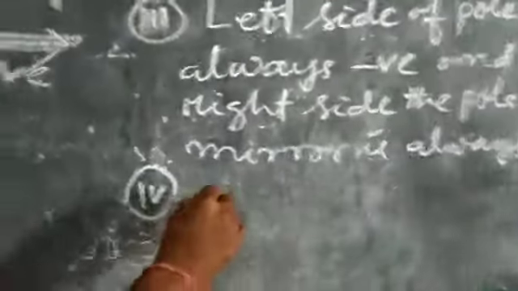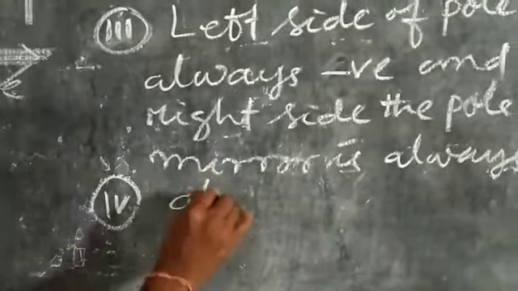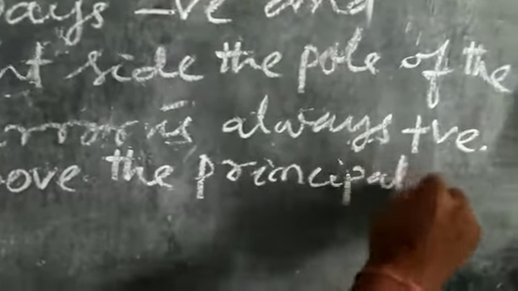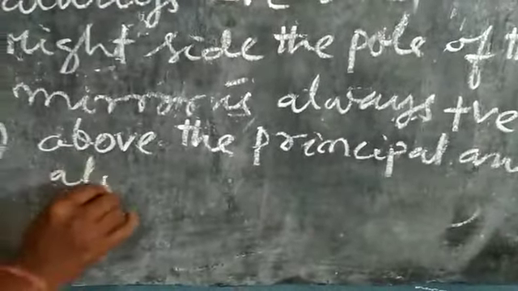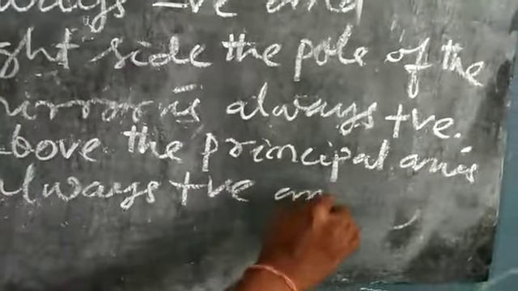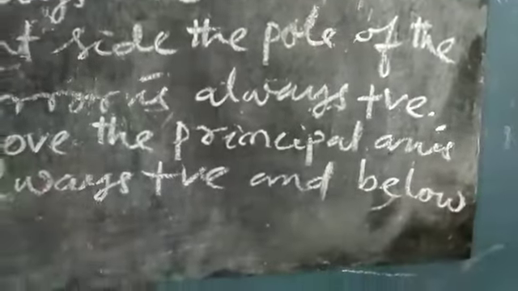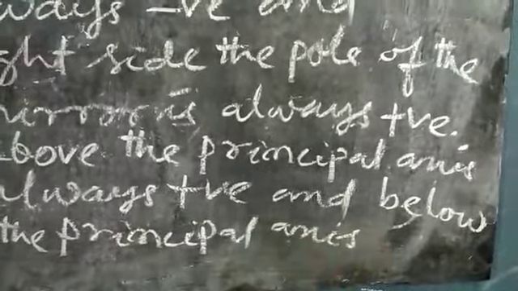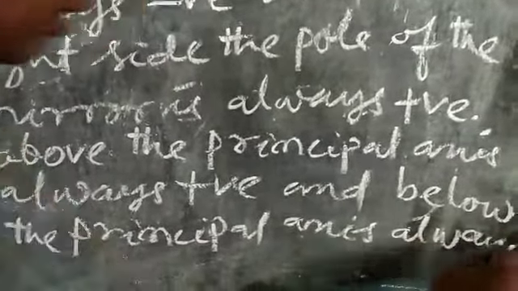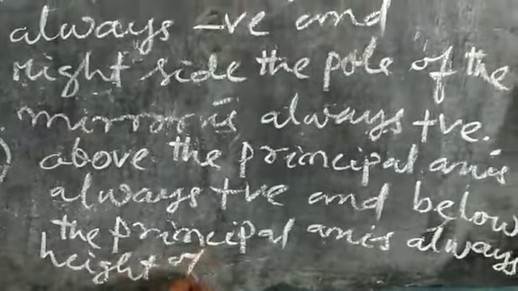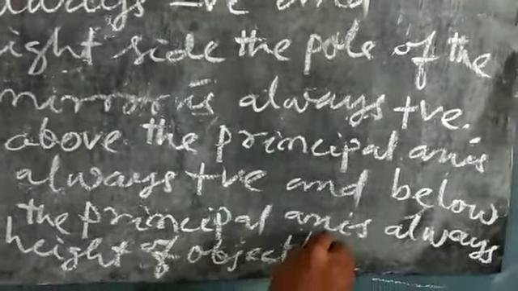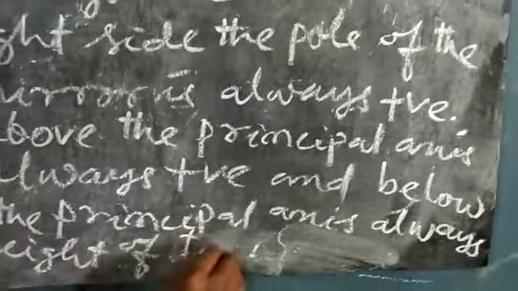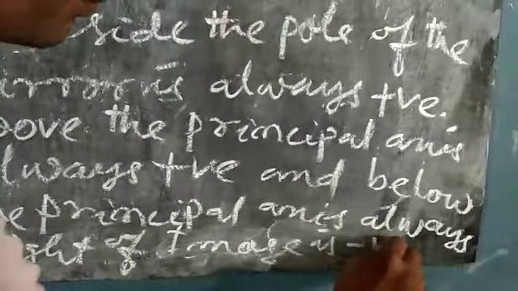The height of the object or image above the principal axis is always positive, and below the principal axis it is always negative.